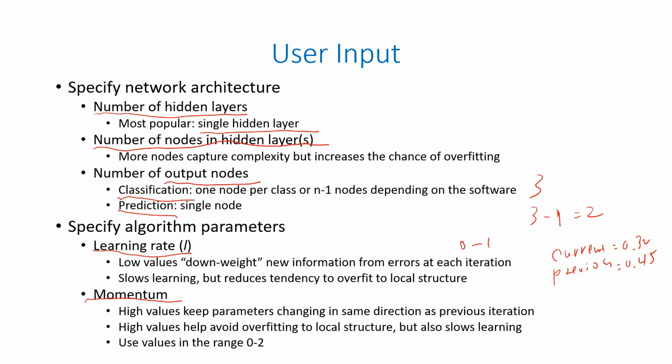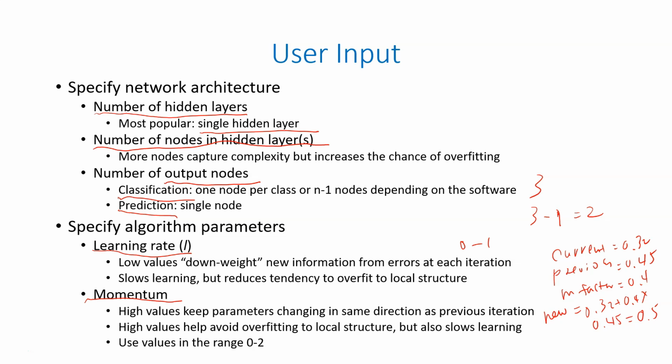Using a momentum factor of 0.4, we will get the new adjustment of 0.32 plus 0.4 times 0.45, or 0.5, as the new weight adjustment.